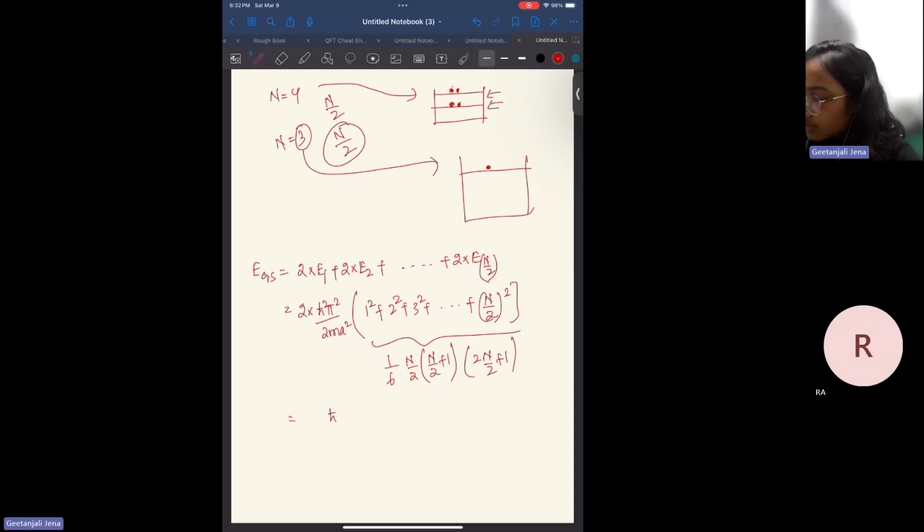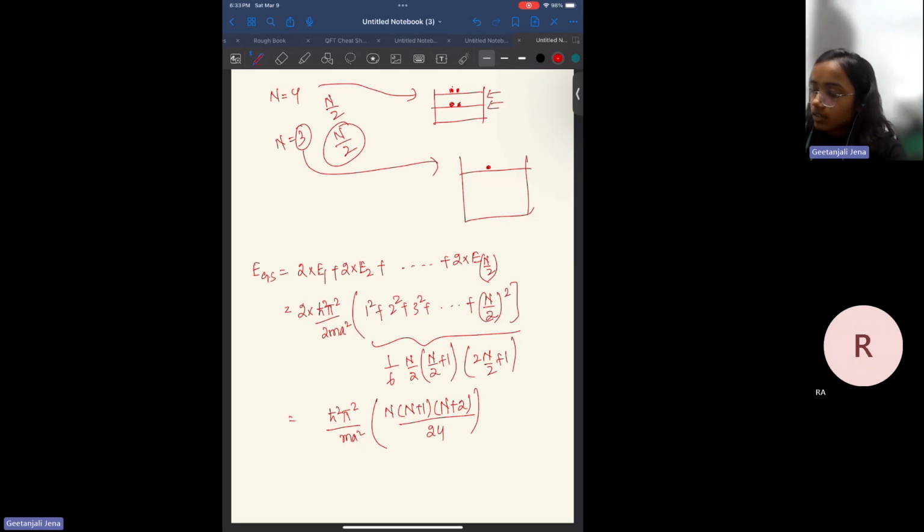So that means it is h square pi square by m L square, multiplied by n into n plus 1 into n plus 2, divided by 24.